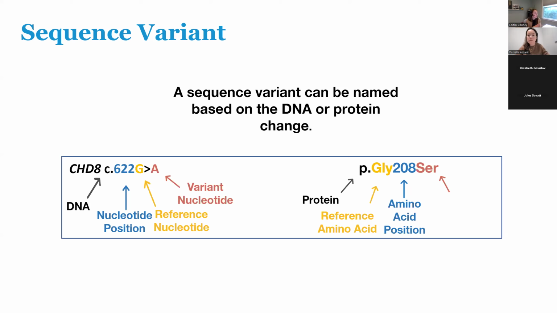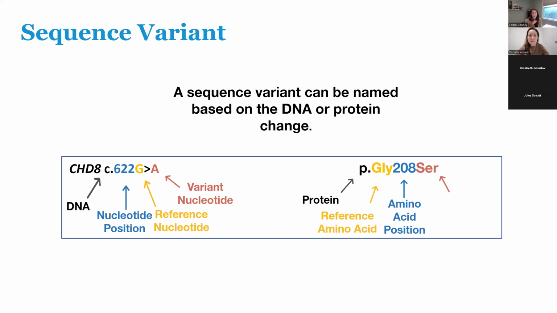So in the sample on the screen, there is a change at position 622. So the letter 622 in the gene CHG8 is changed from a G to an A, and that's that greater than symbol that we see.